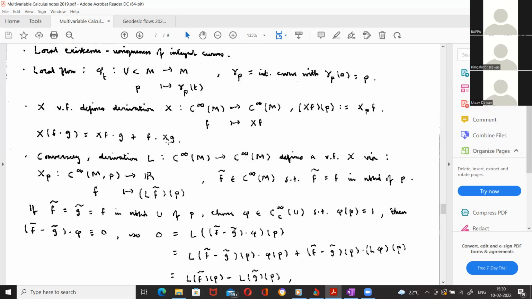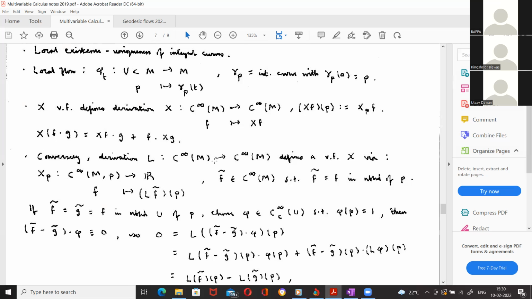Okay. Now, what I want to say is actually this gives us all derivations of C infinity(M). In other words, there is a one-to-one correspondence between smooth vector fields on M and algebraically derivations of the algebra C infinity(M). Okay, so how do we go backwards? Well, suppose I have a derivation L from C infinity(M) to C infinity(M).